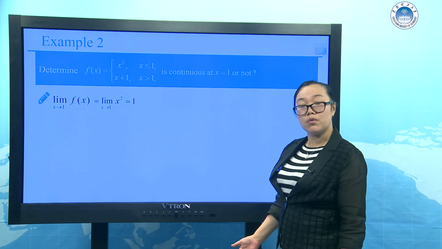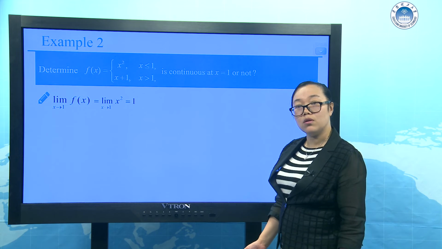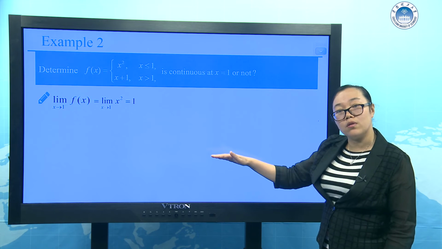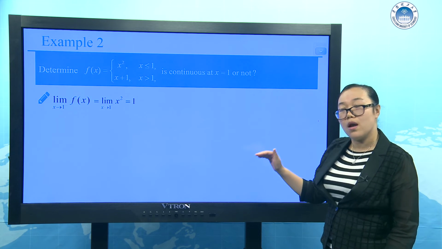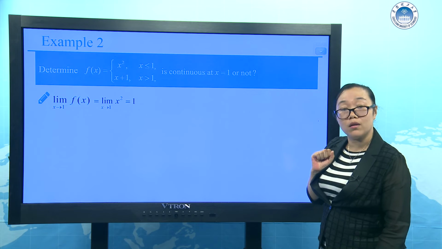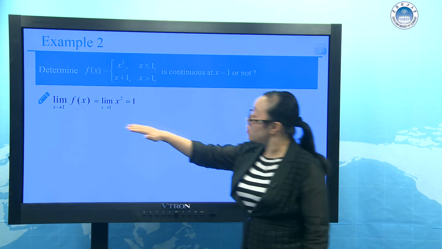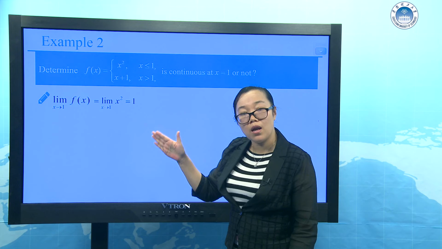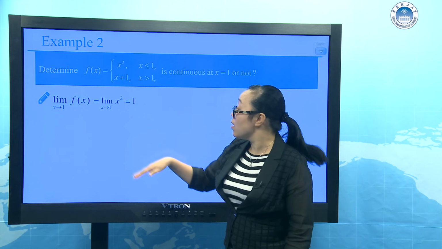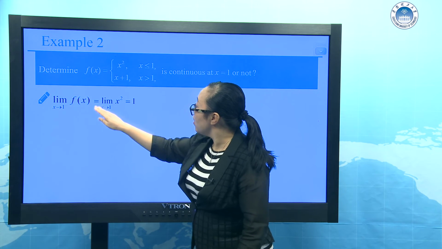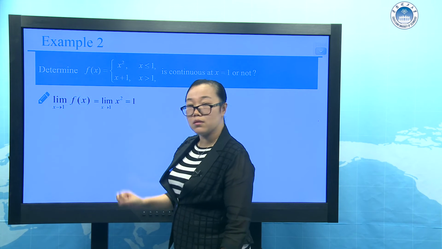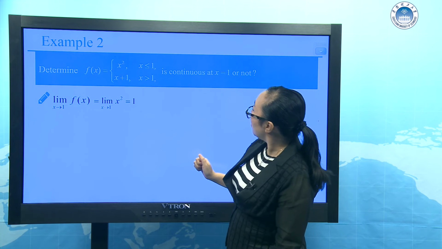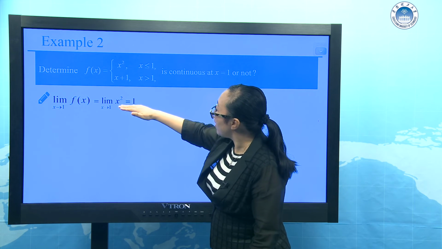Do you remember the property of continuity? It is continuous if and only if it is left continuous and right continuous at the given point 1. So now we will check. x tends to 1 minus, which means left continuity. The limit of f(x) as x tends to 1 from the left side uses the expression x squared.